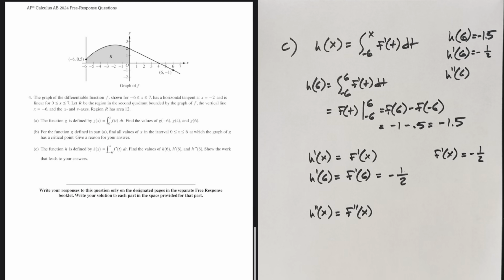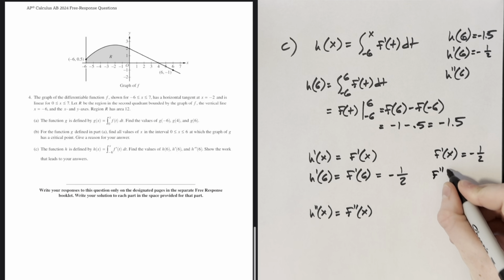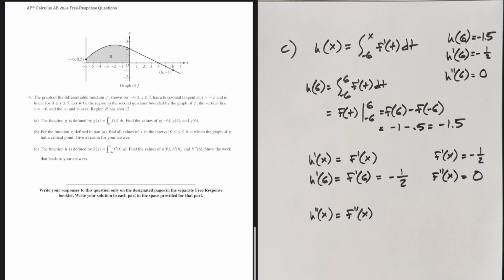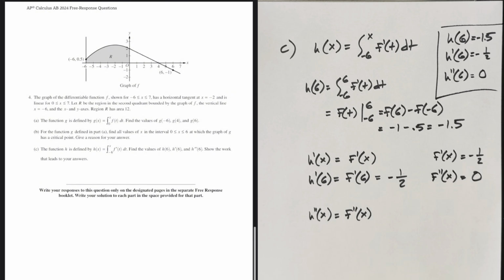So if I take the derivative of both sides, I get that the second derivative is 0 because my slope is constant. So therefore, because the second derivative of f is equal to 0 at all points x from 0 to 6, h double prime of x will also equal 0. And that gives me my final answer, giving me these three values, h of 6, h prime of 6, and h double prime of 6.